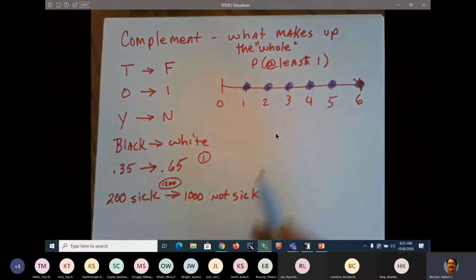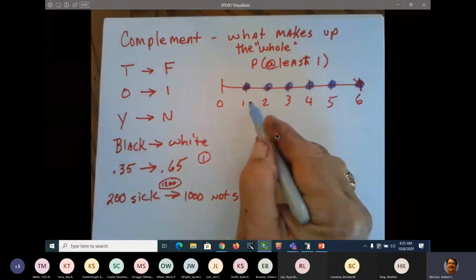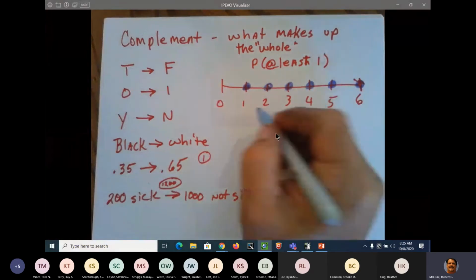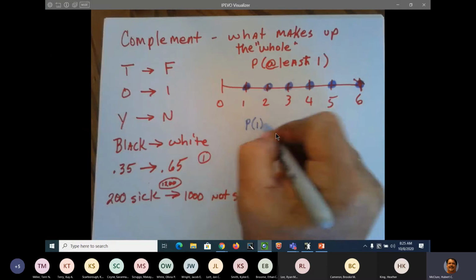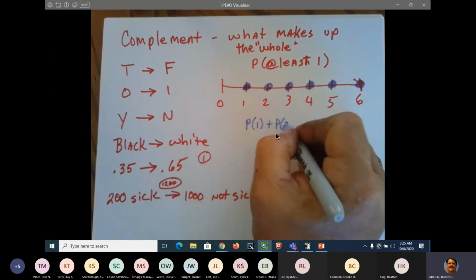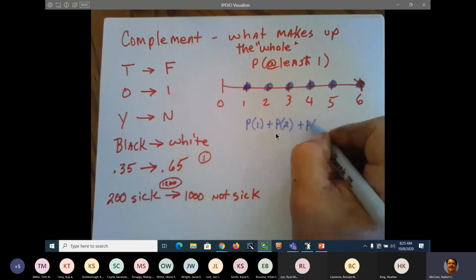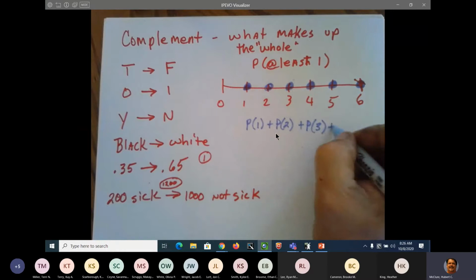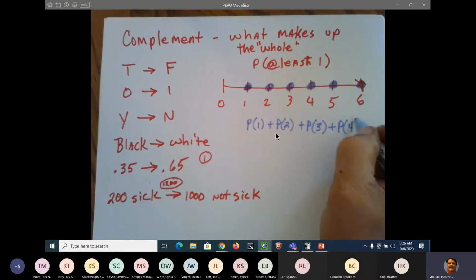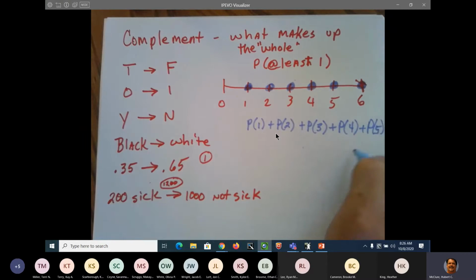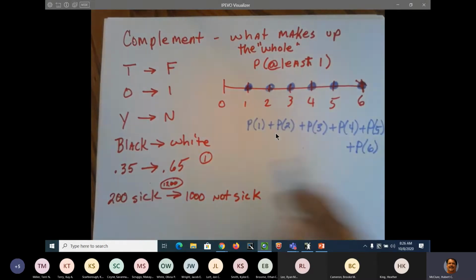So if I wanted the probability of at least one, I would have to do the probability of 1 plus the probability of 2, plus the probability of 3, plus the probability of 4, plus the probability of 5, plus the probability of 6. Does everybody understand that?